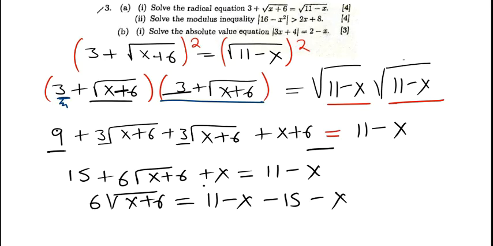So 11 minus 15, these are like terms, gives us minus 4, and then negative x minus x is minus 2x. That's the result after collecting like terms. And at this point we're at liberty now of squaring both sides again.